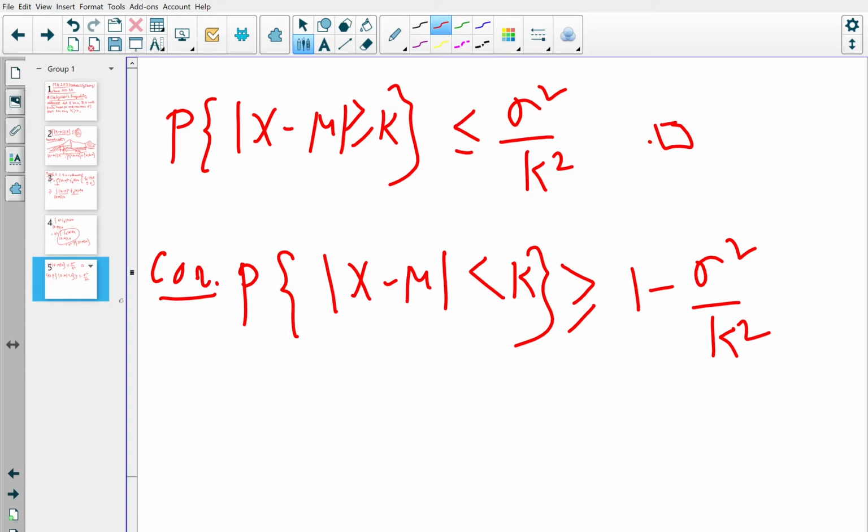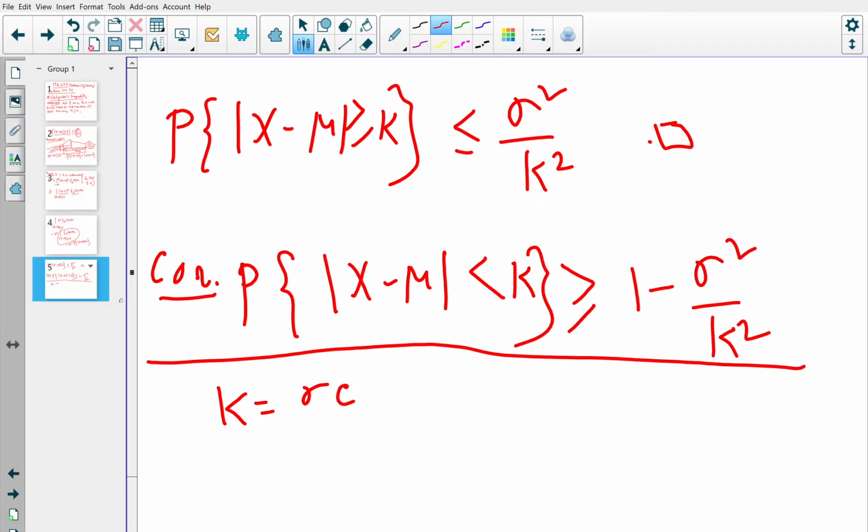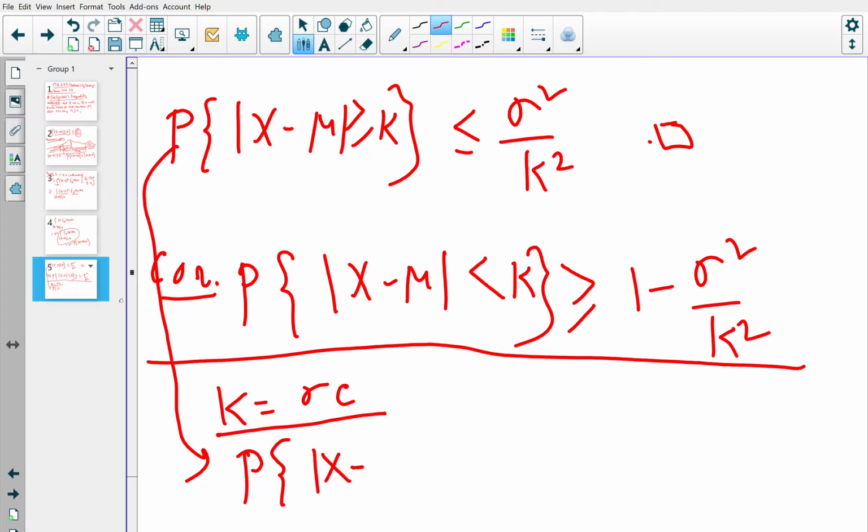Obviously this is a simple version, and there are many versions. Some people, instead of writing sigma square by k square, use k equal to sigma times c, and then your statement becomes the probability that mod of x minus mu is greater than or equal to sigma times c is less than 1 by c square.